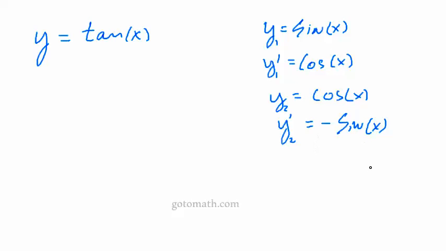Okay, so we know this, we've committed this to memory, so we can actually figure this out if we haven't committed tan x to memory. What we're going to do is just convert this to sines and cosines.